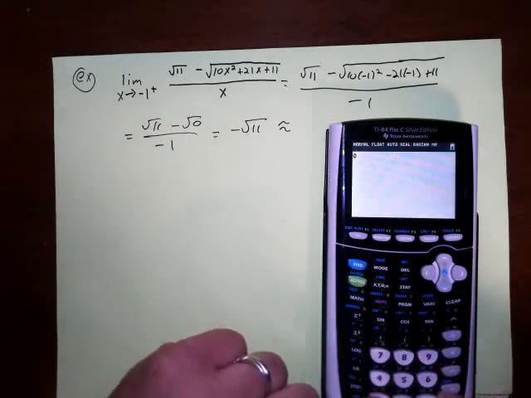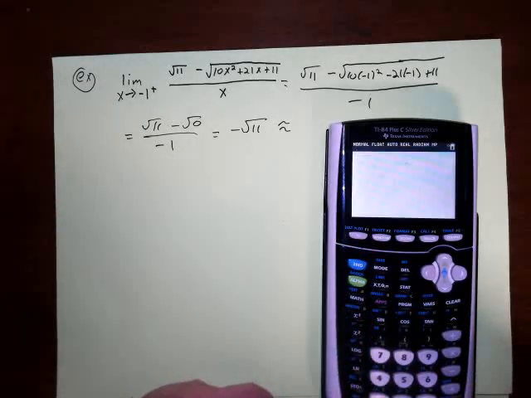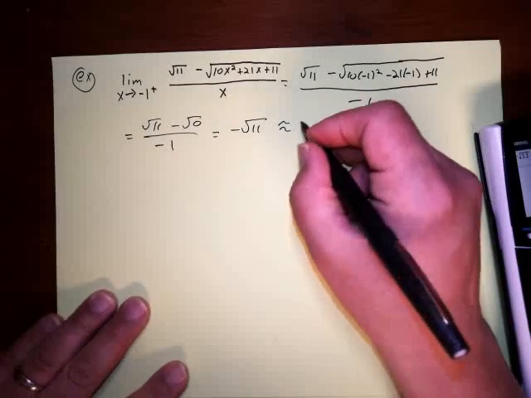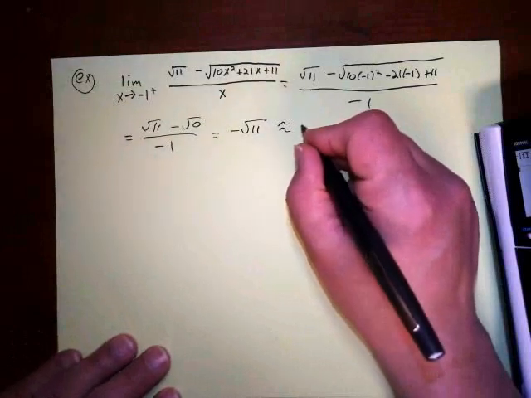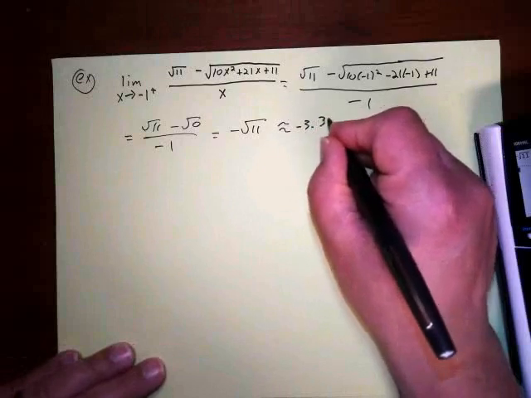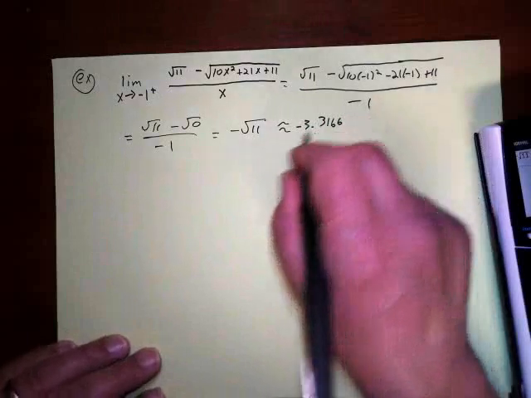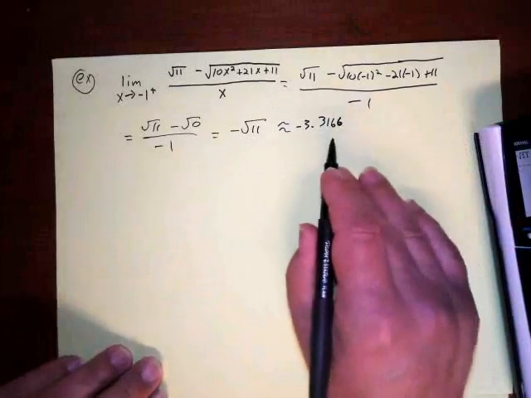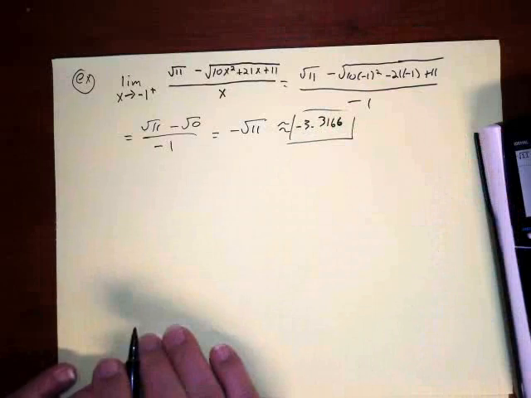So if I do negative square root of 11, I get like negative 3.3166, and that would be what it is to 4 decimal places. Okay, so this limit does exist here.